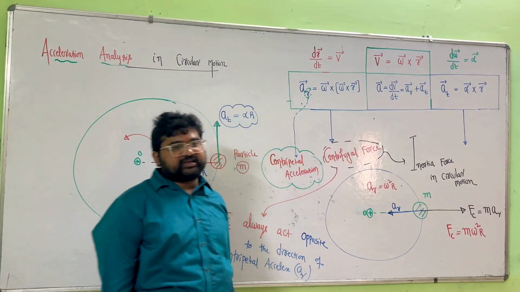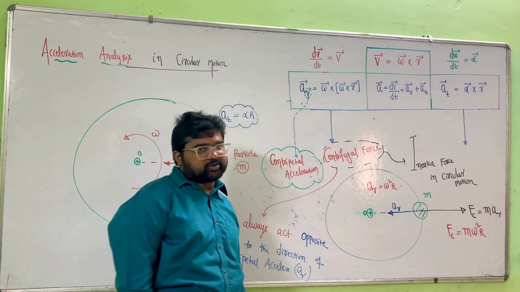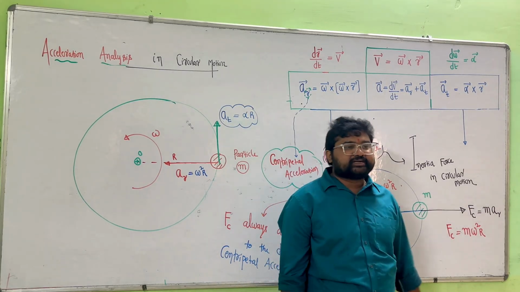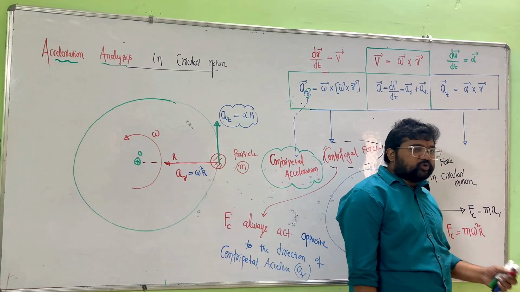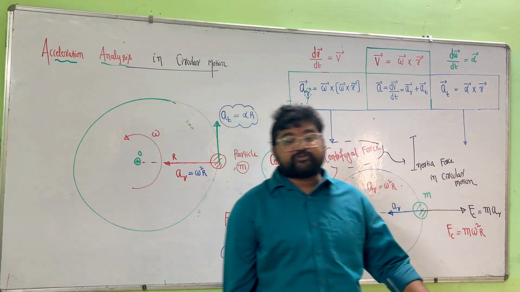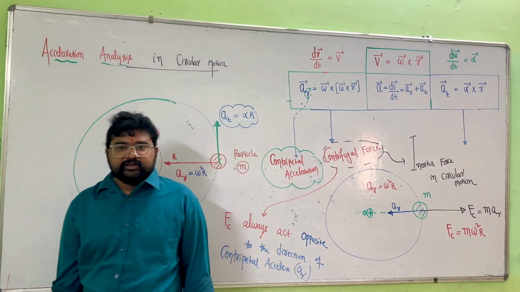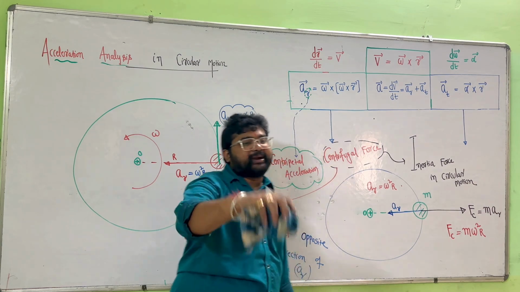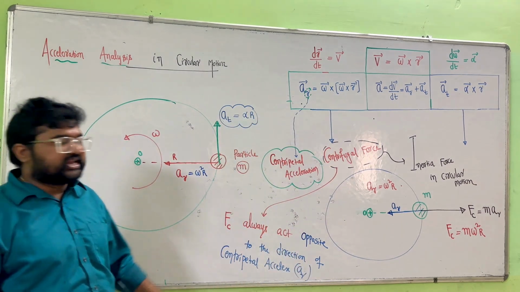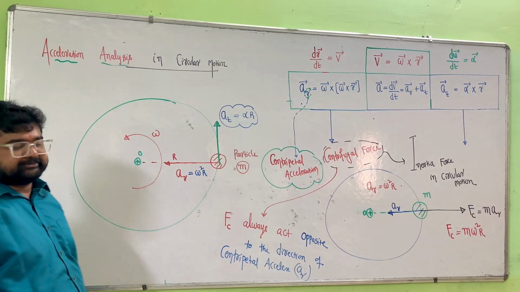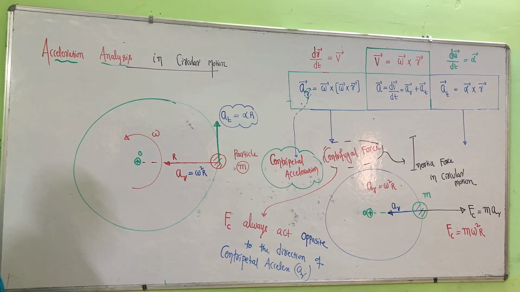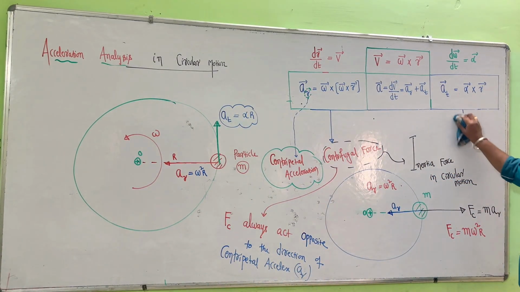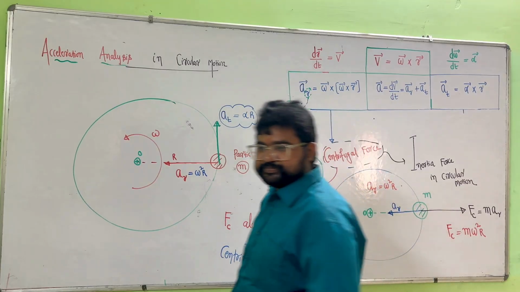Centripetal acceleration always acts towards the center of circular motion. Centrifugal force always acts opposite to the direction of centripetal acceleration. Centripetal acceleration means radial acceleration. Understood? Now write down kinematics in rolling.